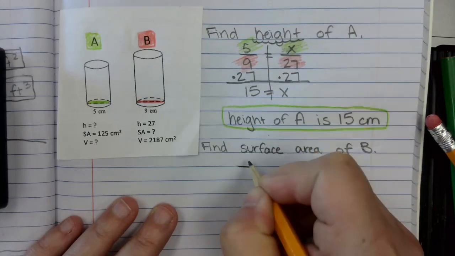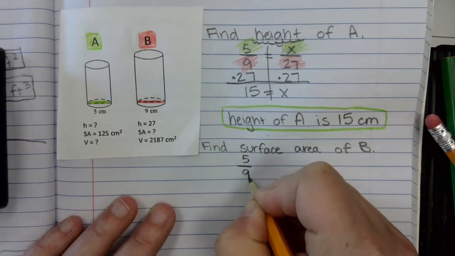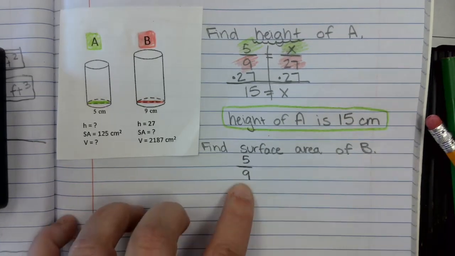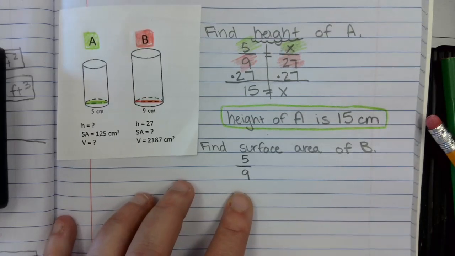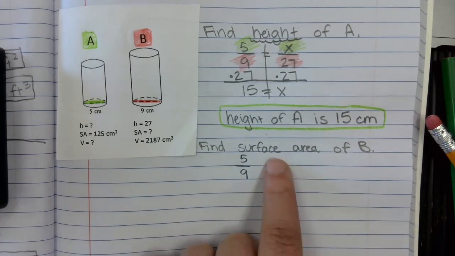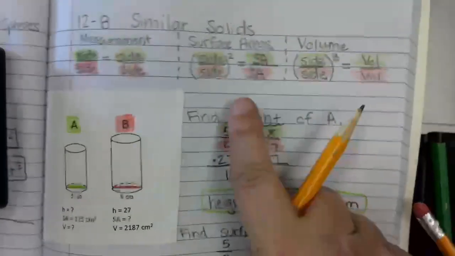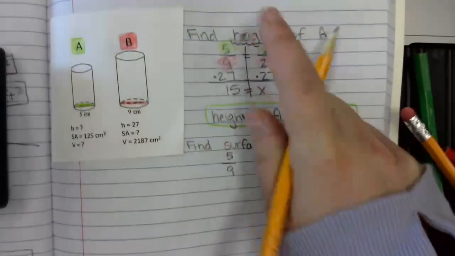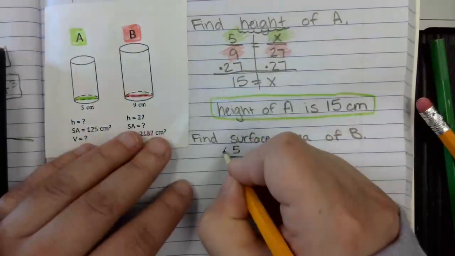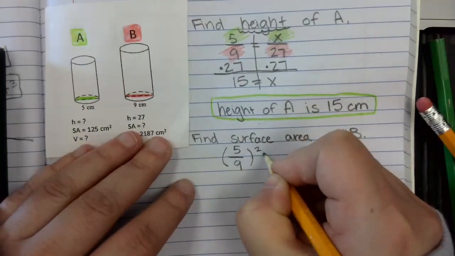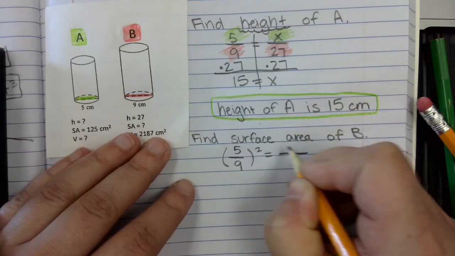So we can do 5 over 9. I need to decide, am I going to leave it as 5 over 9? Am I going to do parentheses squared or parentheses cubed for surface area? Good. Surface area is our parentheses squared. It's proportional, but it's proportional via the squared. Equals.